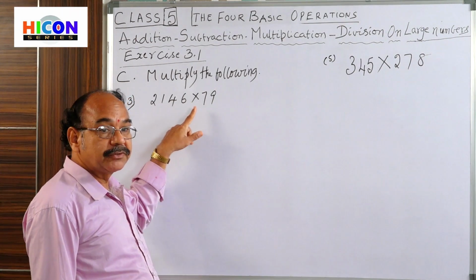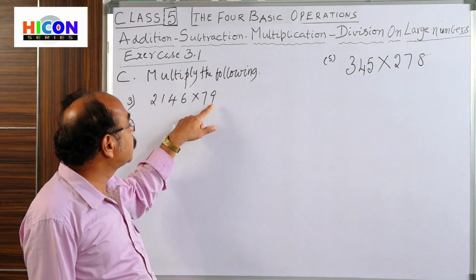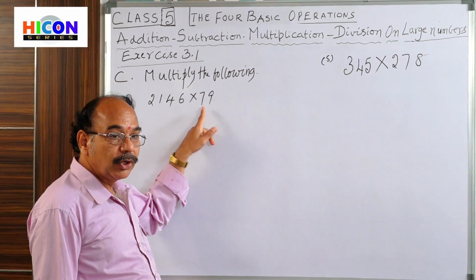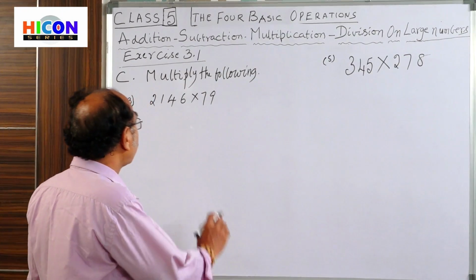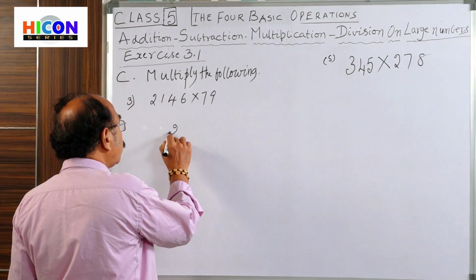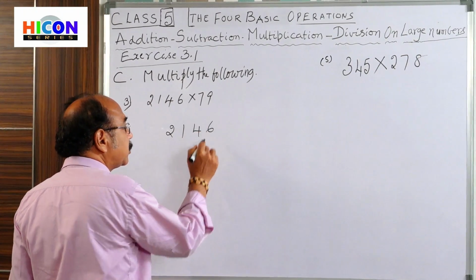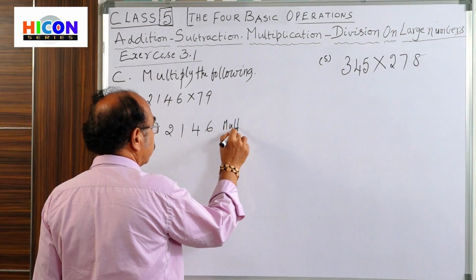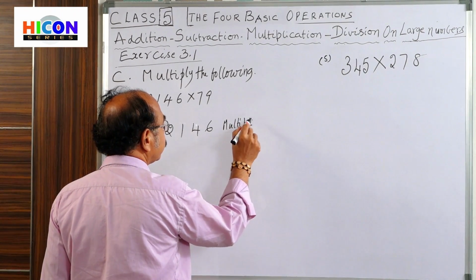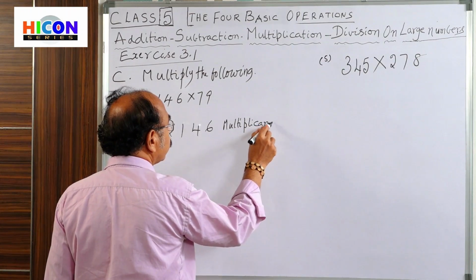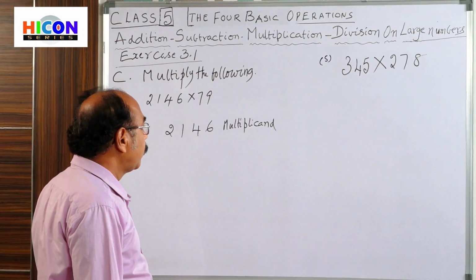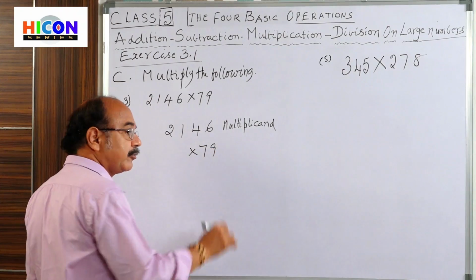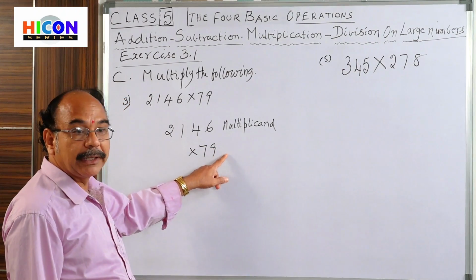You multiply this with a 2-digit number. So, 4-digit number into 2-digit number. 2146 is called the multiplicand. You multiply this with 79, which is called the multiplier.